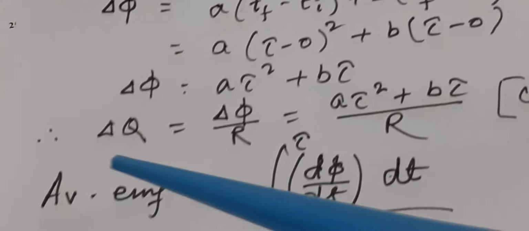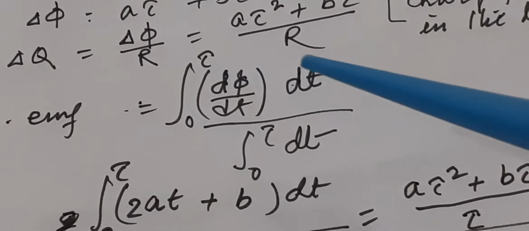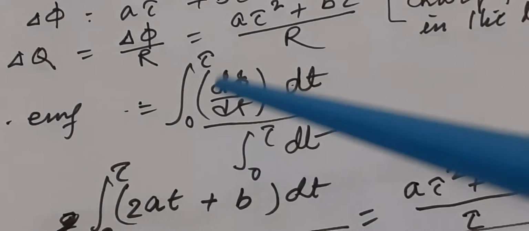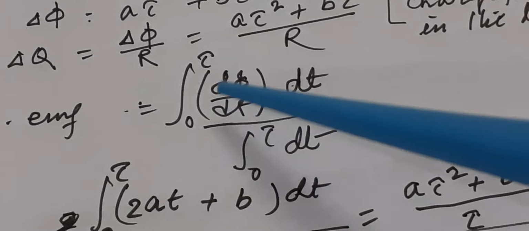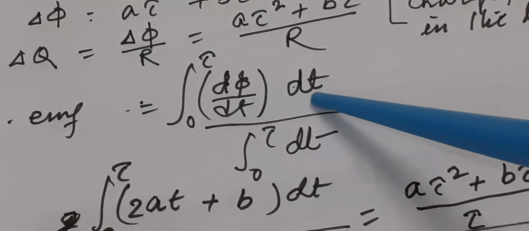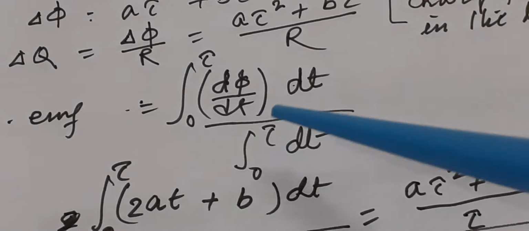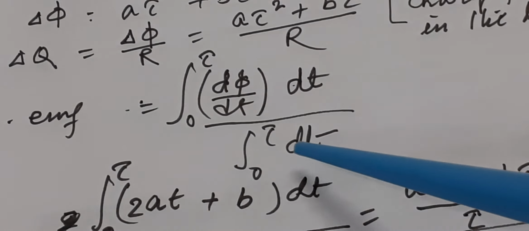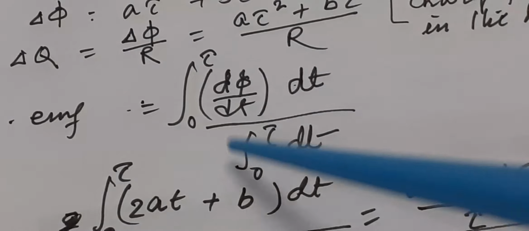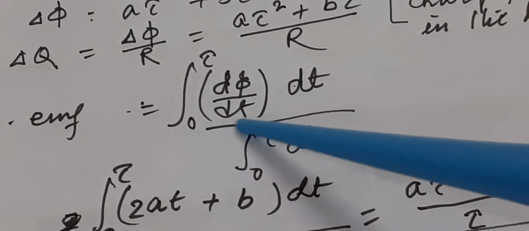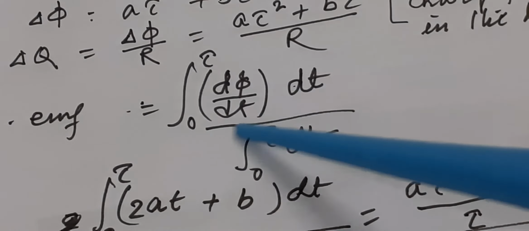Now average EMF, that is a standard equation, integration of EMF dt divided by integration of dt for a specified time, that is 0 to tau. This is EMF, d phi by dt.